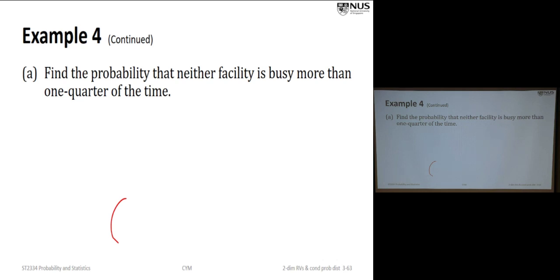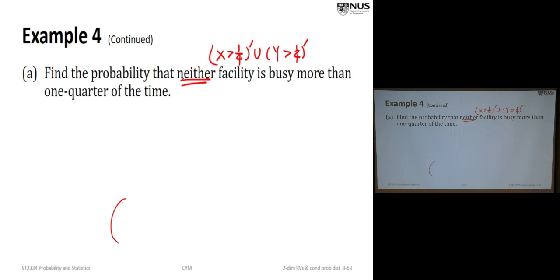So in other words, this one means x more than 1/4. But neither, that means the complement of it. Or y also has to be. So that's what it means.